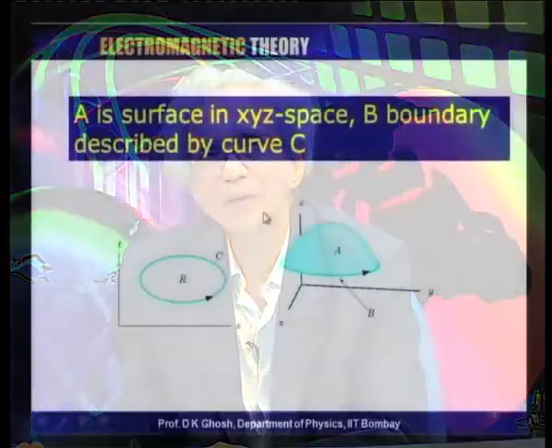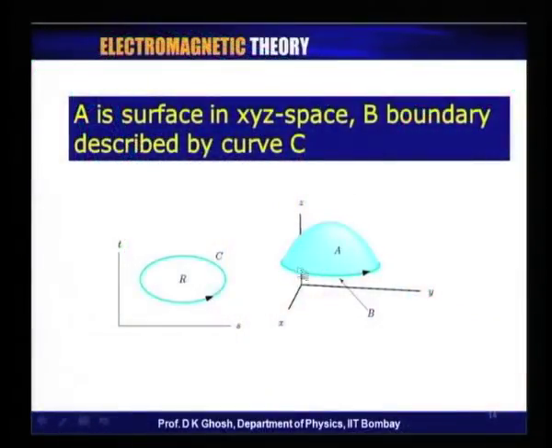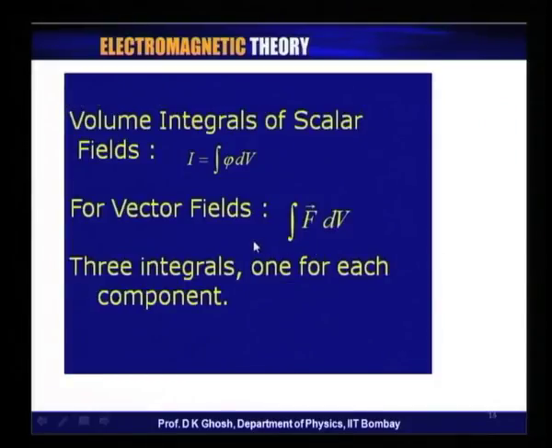Here the same thing, this is the hemisphere, surface is A, and the rim of this hemisphere is the curve C. And I have to define that if I am going in a particular direction, then the direction in which the head proceeds will be the direction of the outward normal. So, that is about two-dimensional surface integrals.